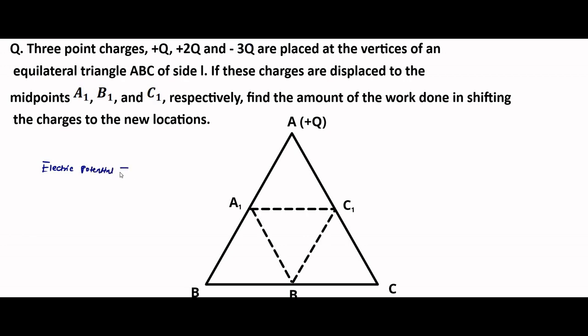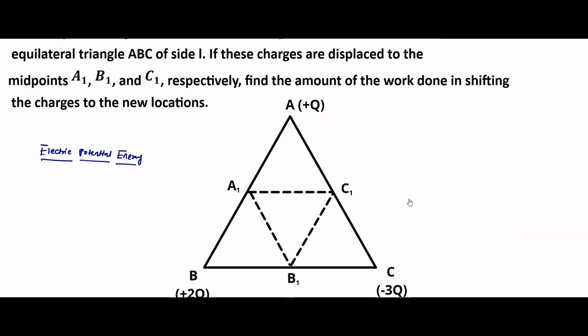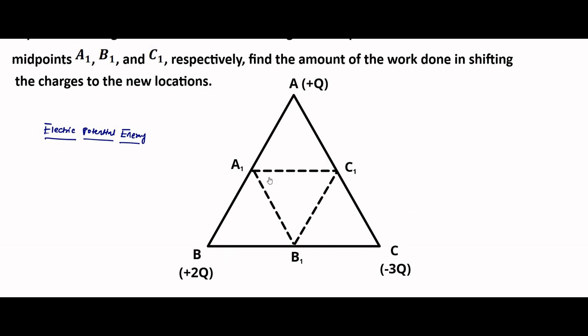So basically, for the initial location of the three charges at points A, B and C, we have to find the initial potential energy.